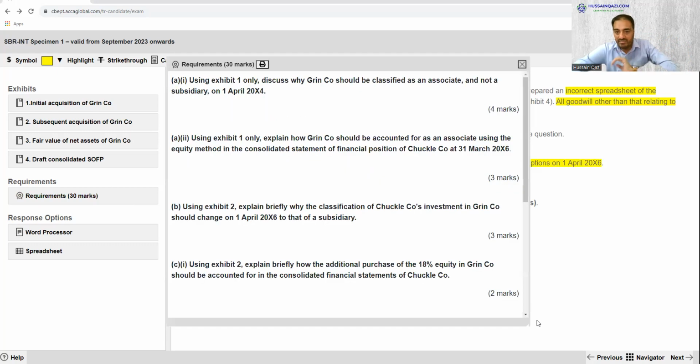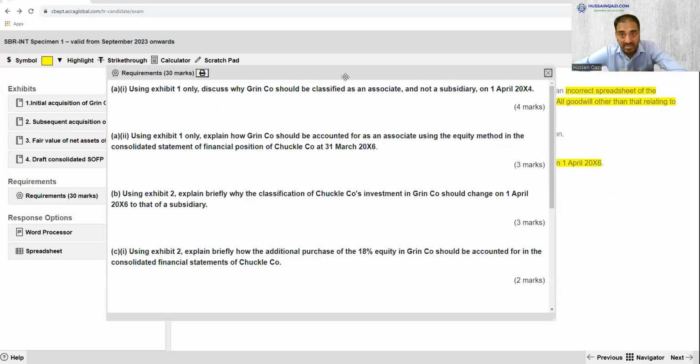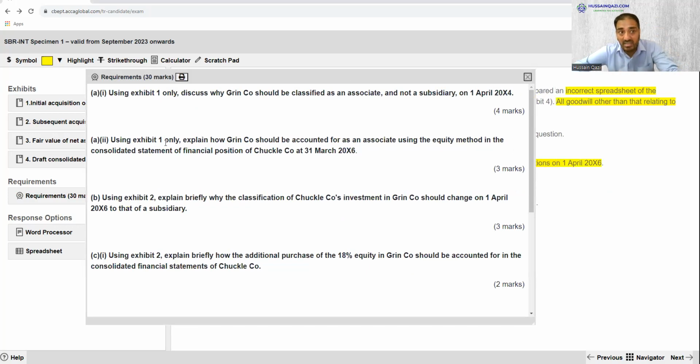Further, you need to develop the initial mindset by reading the requirement. Using exhibit 1, A1, discuss why GRIN should be classified as an associate, not a subsidiary.